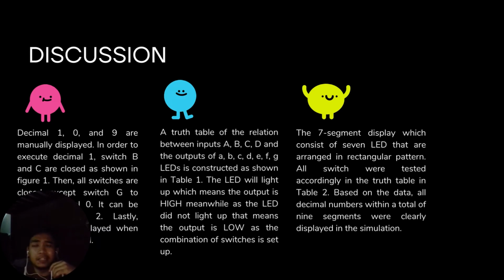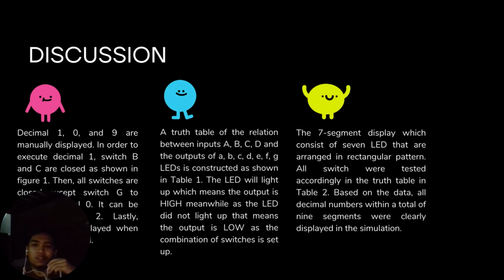Firstly, the decimals 1, 0, and 9 are manually displayed. In order to display the decimal 1, the switches B and C are closed. For the decimal 0, all switches are closed except switch G, while for the decimal 9 to display, switch G needs to be open.